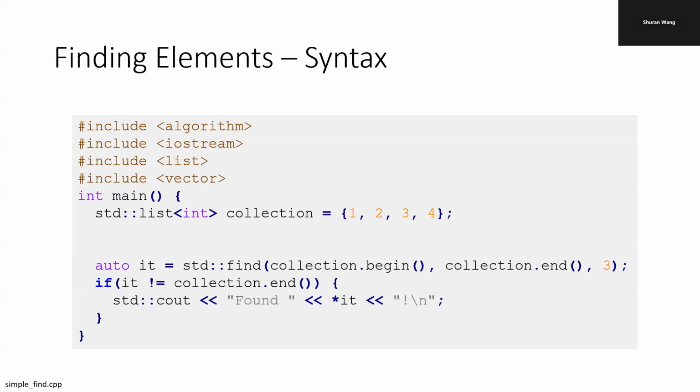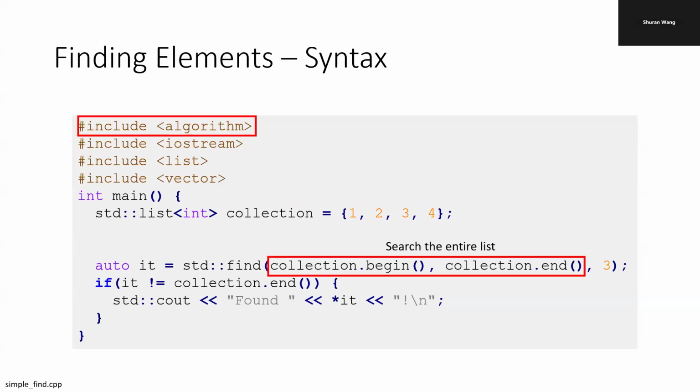In order to use the find function in the STL algorithm library, the first thing is to include the algorithm header. And then you can call the find function with the begin and end iterators for this collection. And then the last value is the value you're searching for, which is 3 in this case. Then the find function will return the iterator to the element that you're searching for, or it will return the iterator to collection.end if the element is not there.